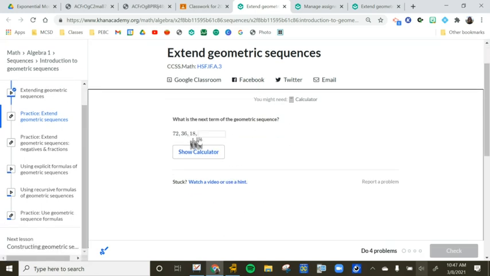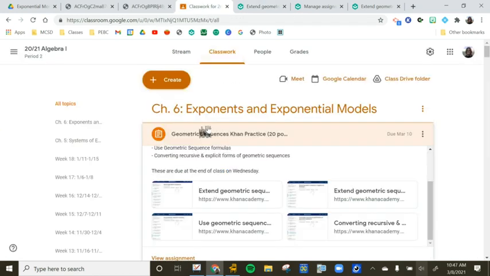And you're going to be doing exactly what we just did. So they give you a sequence, and you need to first find the common ratio, and then multiply that common ratio by the last number. In Classroom, the assignment is geometric sequences Khan practice.